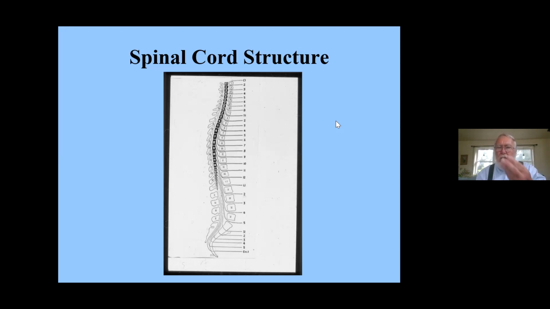As we learned, a foramina is an opening, and in this opening, going either to the left or to the right, are what we call dorsal and ventral roots, pairs of roots going out to the left and the right through all 31 intervertebral foramina.